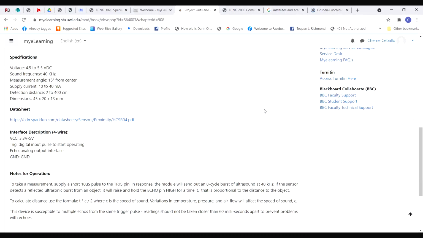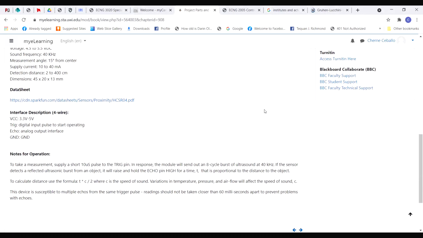All right, good. So I want you to read for me in the operation how this sensor works. Read for me the notes, the first paragraph. To take a measurement, supply a short 10 microsecond pulse to the trig pin.